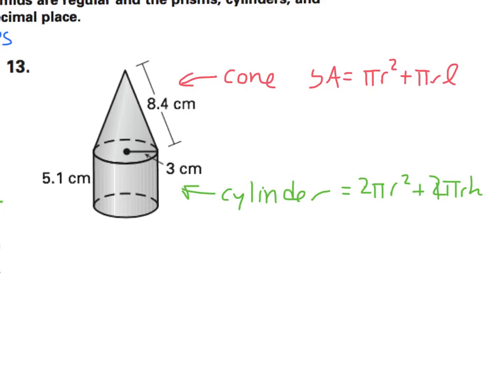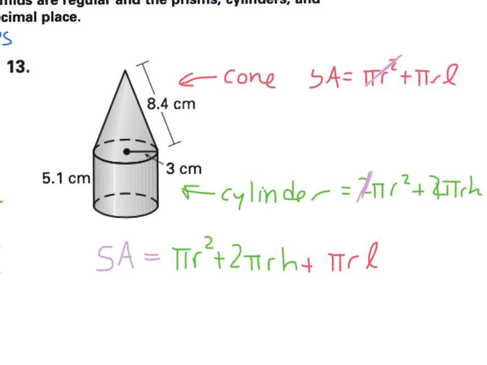Again, there are things that get eliminated here. I have a base that overlaps, so we get this new super equation, that the surface area is going to be pi r squared plus 2 pi r h plus pi r l.